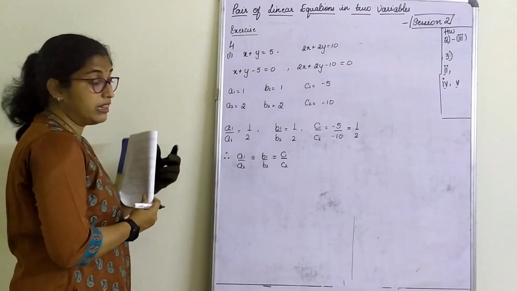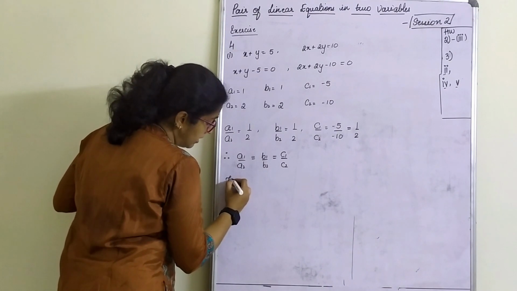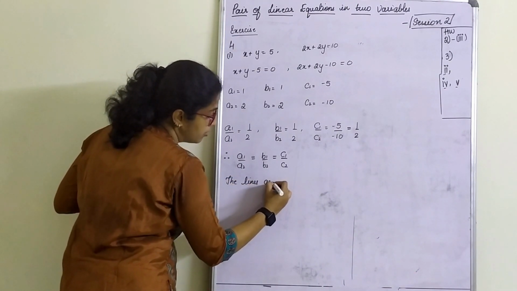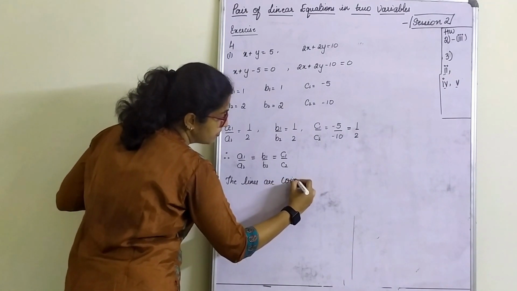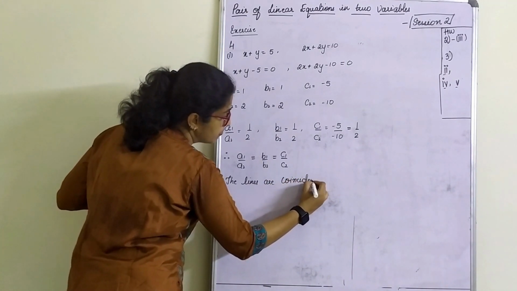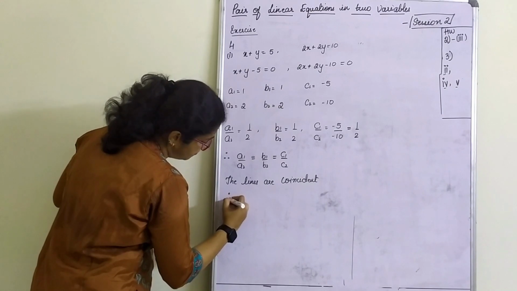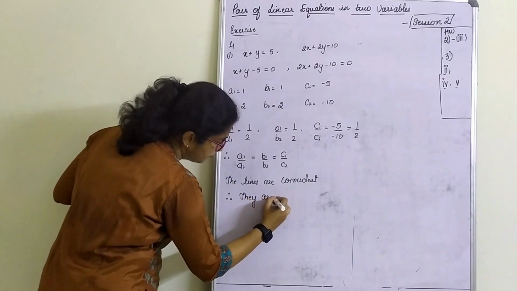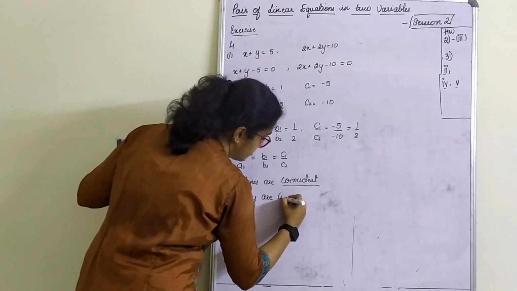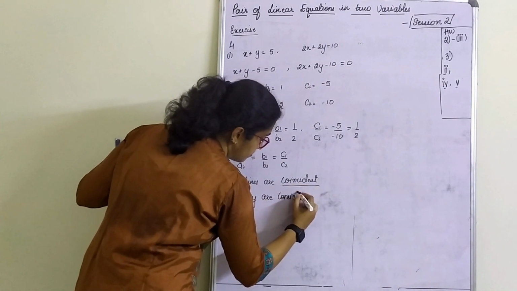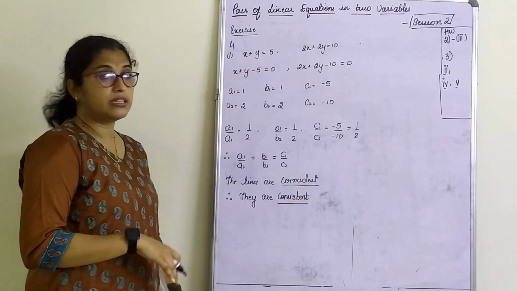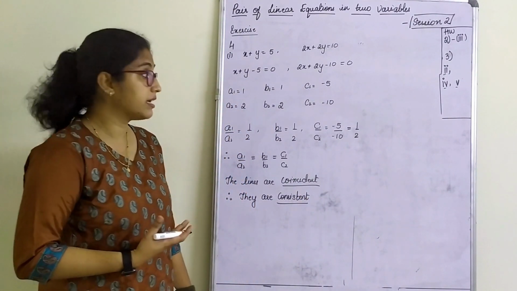What type of lines are they? The lines are coincident. Therefore, they are consistent. Now we can draw the graph only because they are consistent.